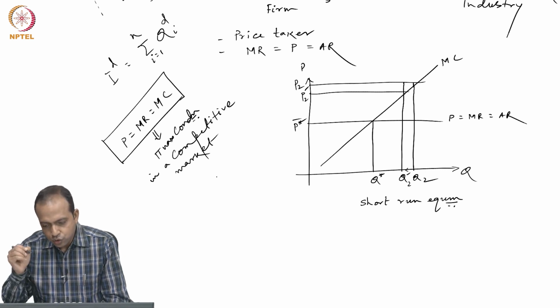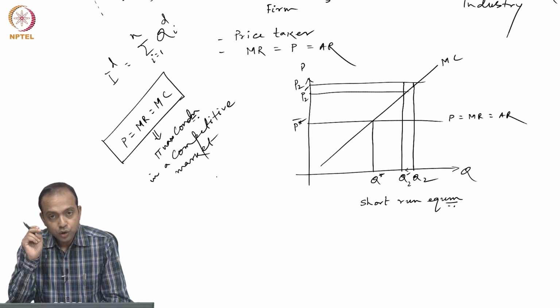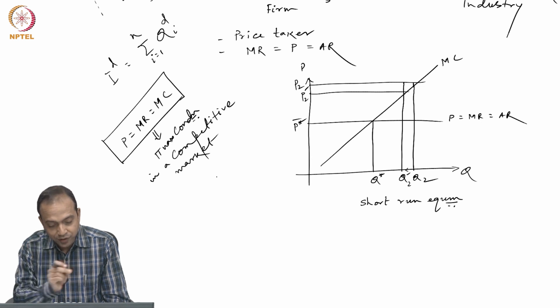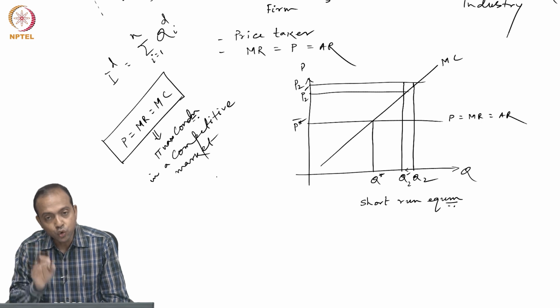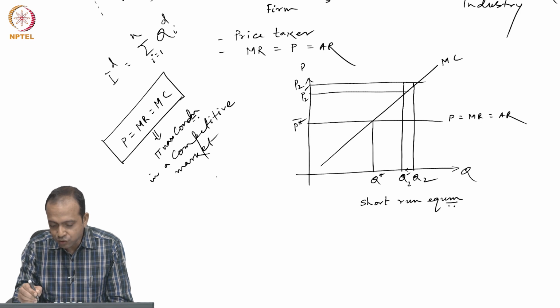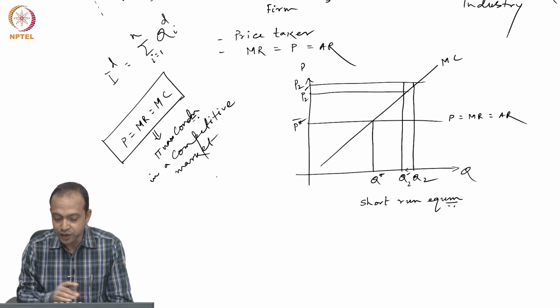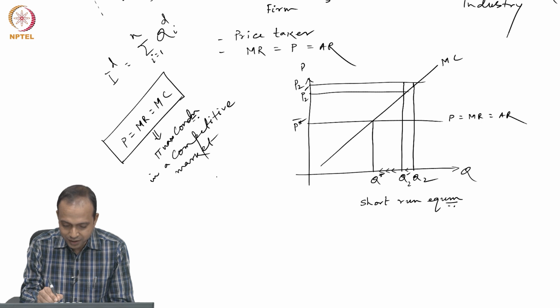The loss in your revenue will be lower than the marginal cost that you are saving. So, as long as your marginal cost is higher than the marginal revenue, you should reduce the quantity to maximize your profit. At the same time, let us say this is Q1.